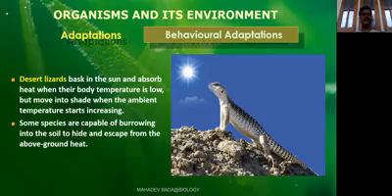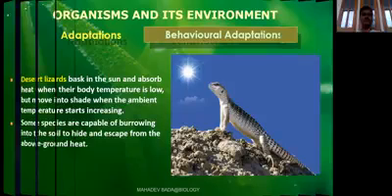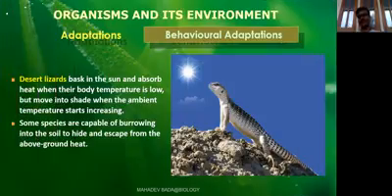This is one of the behavioral adaptations that the desert lizard has undergone. Some of these species are capable of burrowing into the soil and hiding to escape harsh climatic conditions. So these are some of the animals which have undergone adaptation to survive.